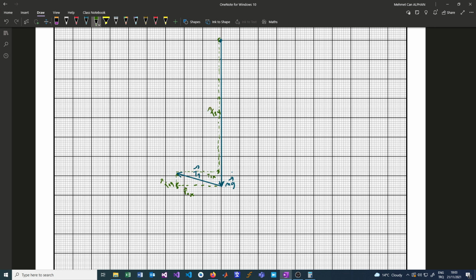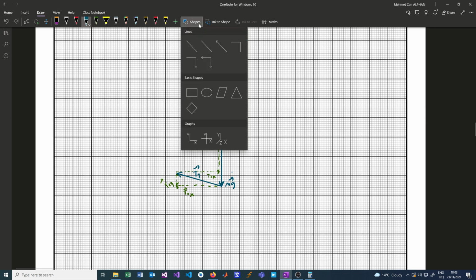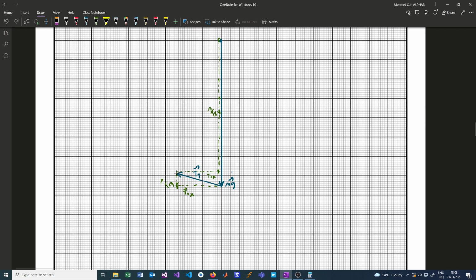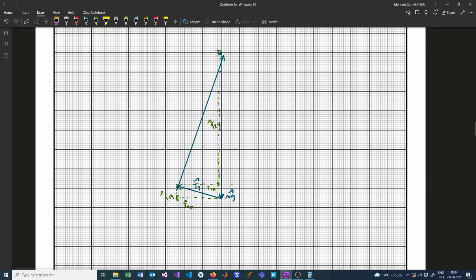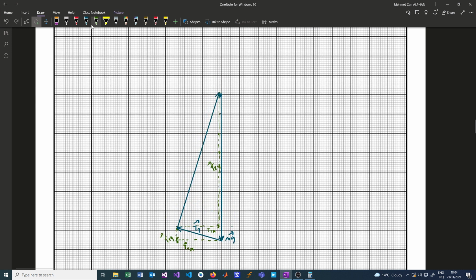So again, I'm drawing my vector. This is my T2 vector.